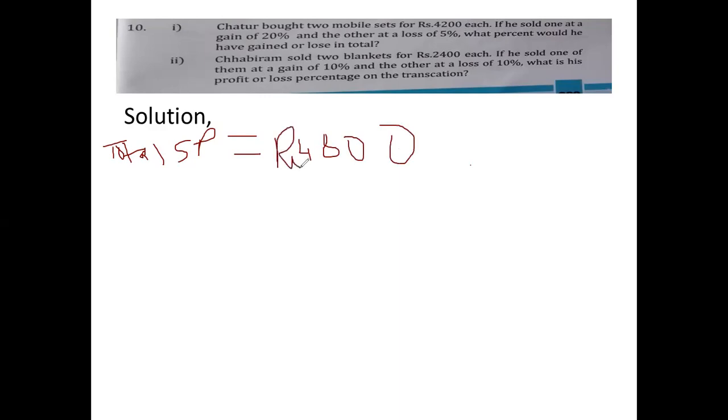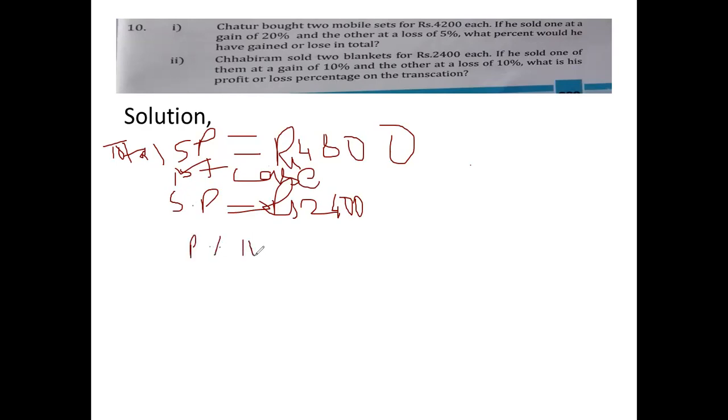Look here, children. There are two cases. This is the first case. SP is 2,400. There is a profit, profit percentage 10%. Can you find CP here?